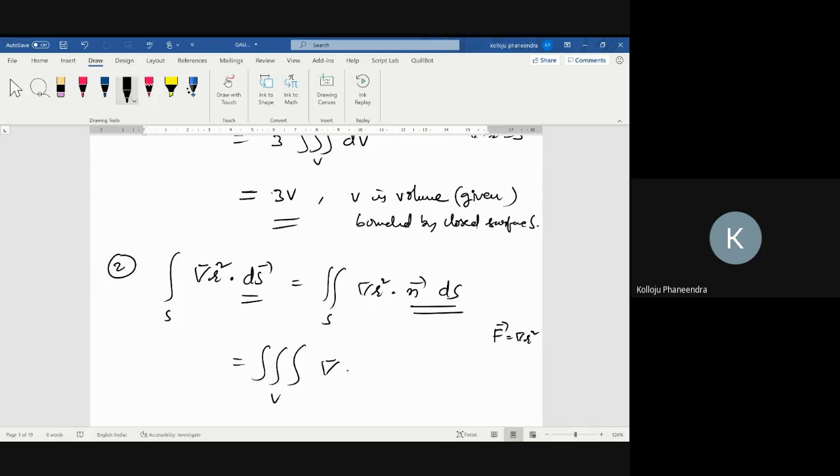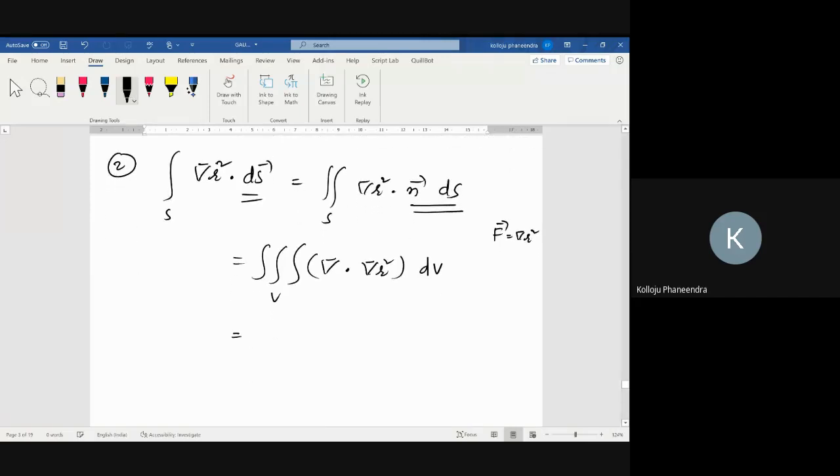So this is the triple integral of del dot del r square dV. Del dot del is del square. Do you remember? Del dot del phi is del square phi. This is the formula.